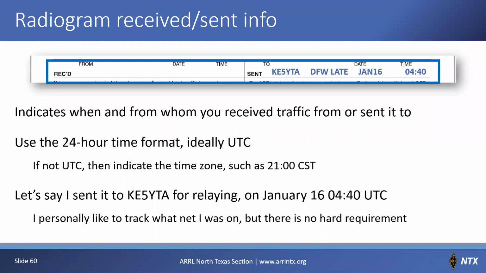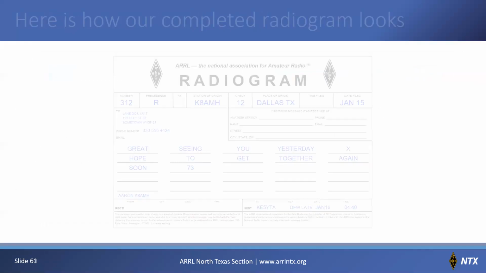But again, this is for your tracking, so whatever helps you to track it. In this example, this is saying I relayed it to Roger KE5YTA at the DFW late traffic net on January 16 at 0440 Zulu, coordinated universal time. And then if I have a question like, did you send my traffic along? Yeah, I sent it to, and then we can start following it along, type of thing. That's what this helps with.